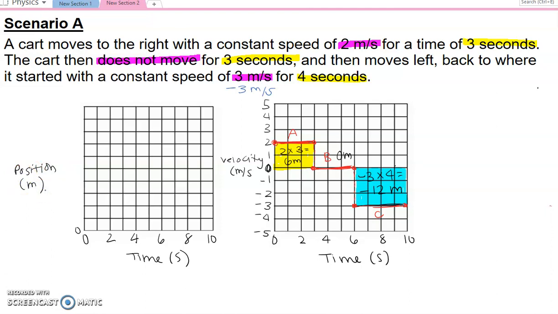Now, as I start to look at my graph, I know that I travel 6, and then I travel 0, and then I travel 12 backwards. Okay? So for my position versus time graph, I'm traveling more distance backwards than I am forwards. And that's because the forward direction I've only got 6, the backwards direction I have got 12.